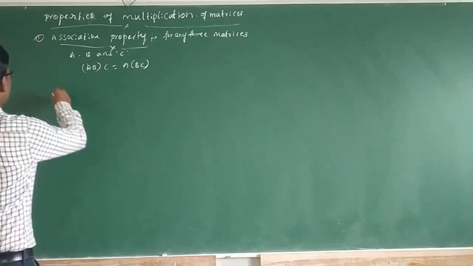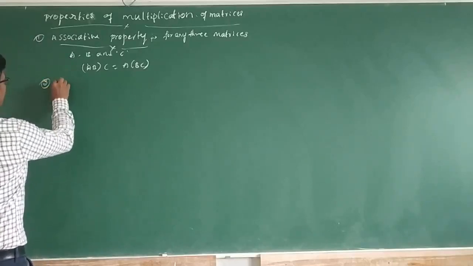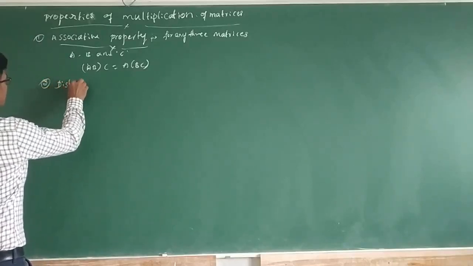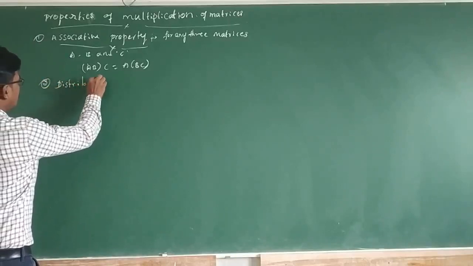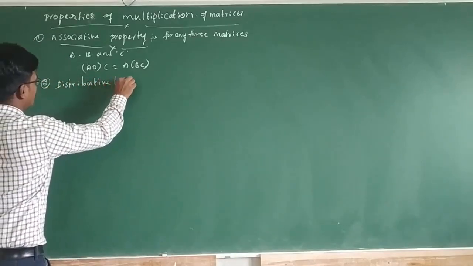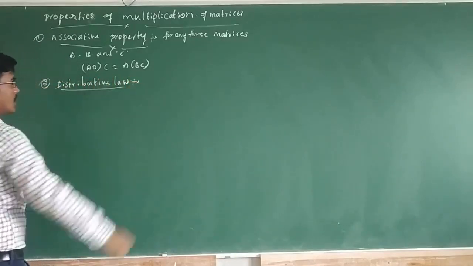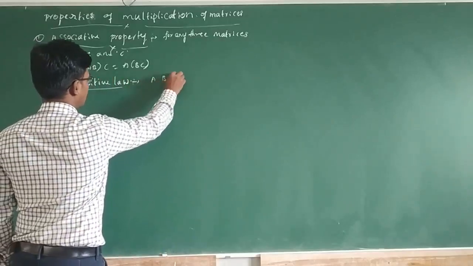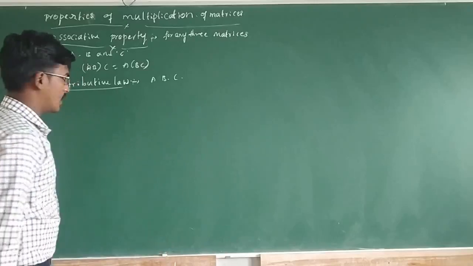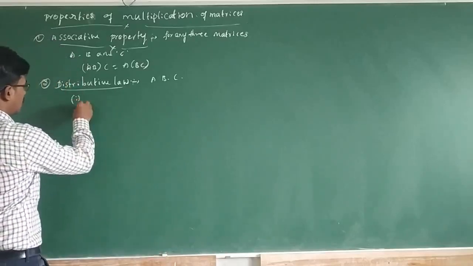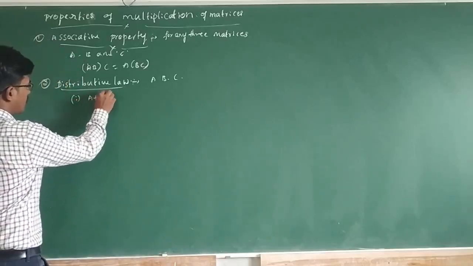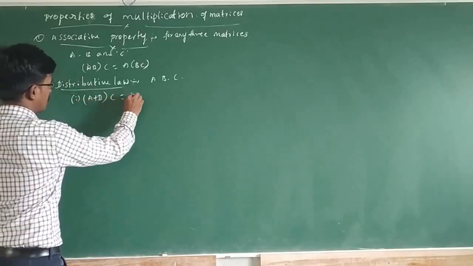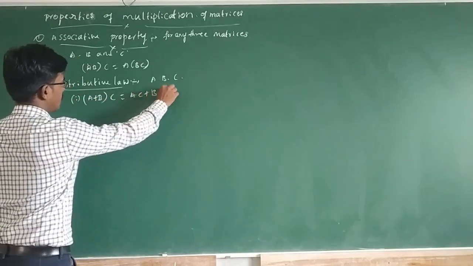Next, the second one: distributive property or distributive law. For any three matrices A, B, C, first, A plus B of C is equal to AC plus BC.